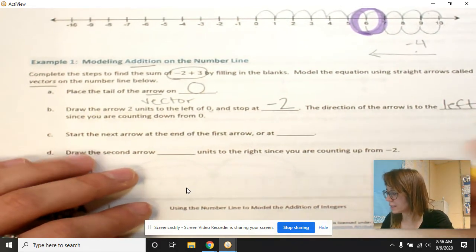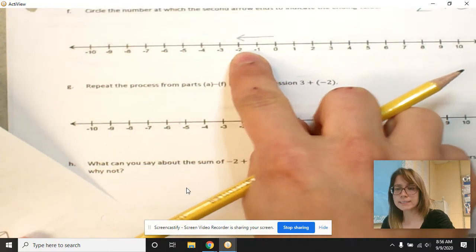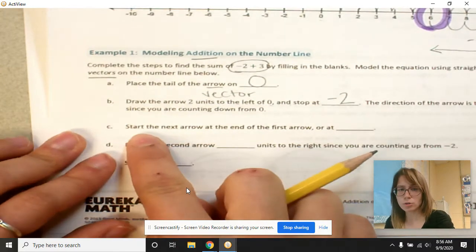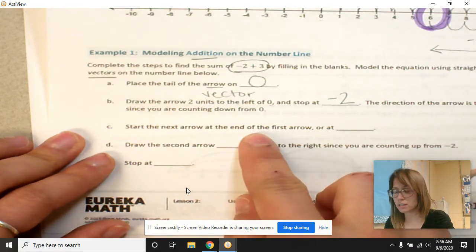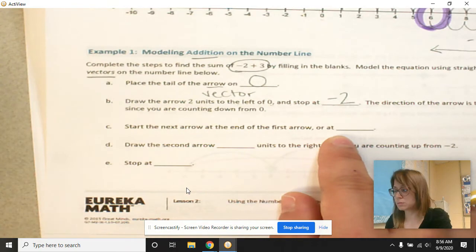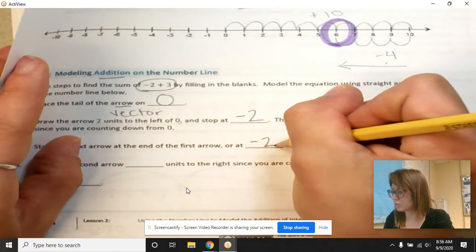Now, after we draw that arrow to -2, this is very important. We're going to start the next arrow at the end of the first arrow, or where did we stop? -2, right? So we're going to start the next arrow at -2.